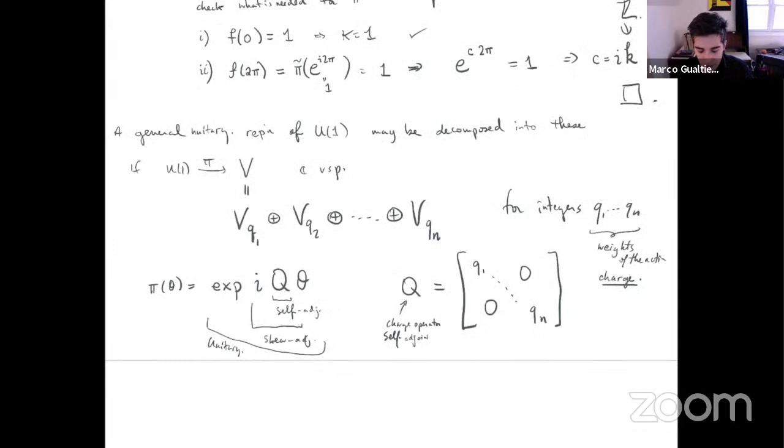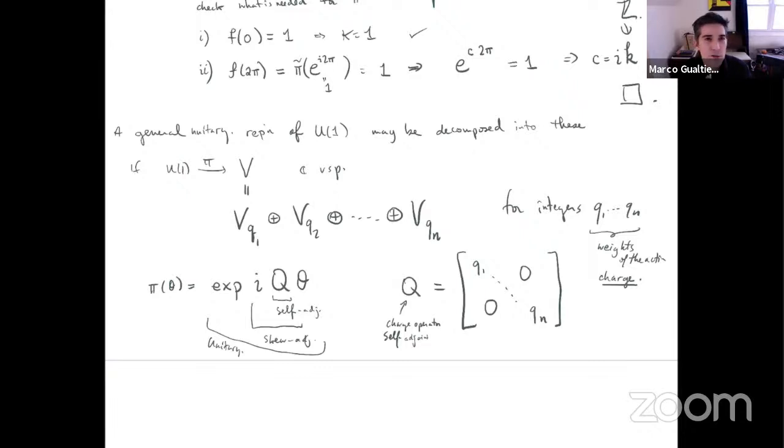So that's the decomposition of unitary representations of U1. The reason why this U1 thing is so important is because when we need to study the representations of any other group, as we're going to do either later today or next week, we're going to study SU2.